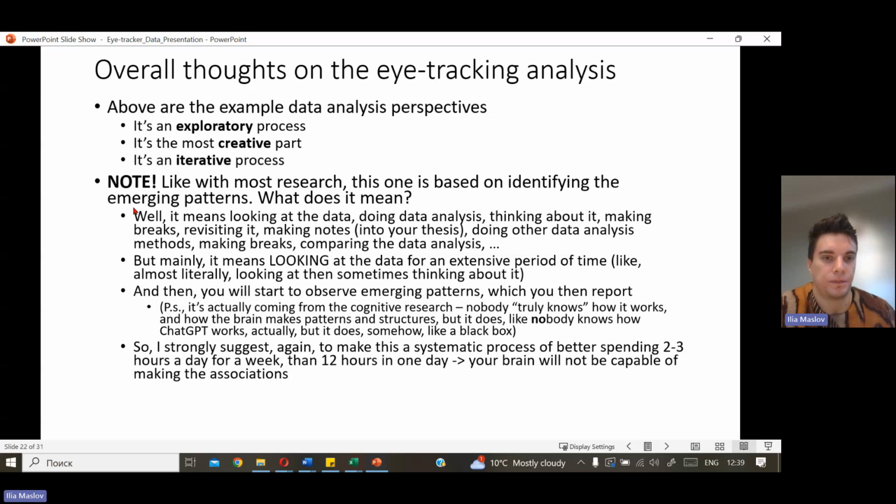So look at the data. Maybe I'd like to add very briefly that if you have a certain condition, like static model versus animated model, it's one example, there are others, then it's always helpful to just look at differences and try to make sense of them. Yes.